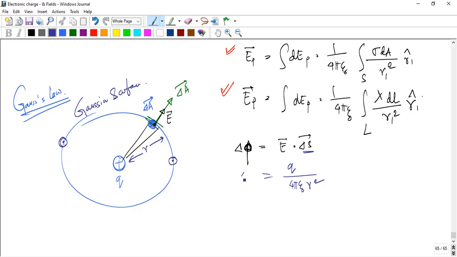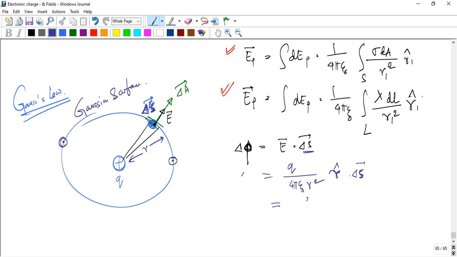We integrate E dot dS, where E is along the r cap unit vector, and delta S or delta A, both are the same.